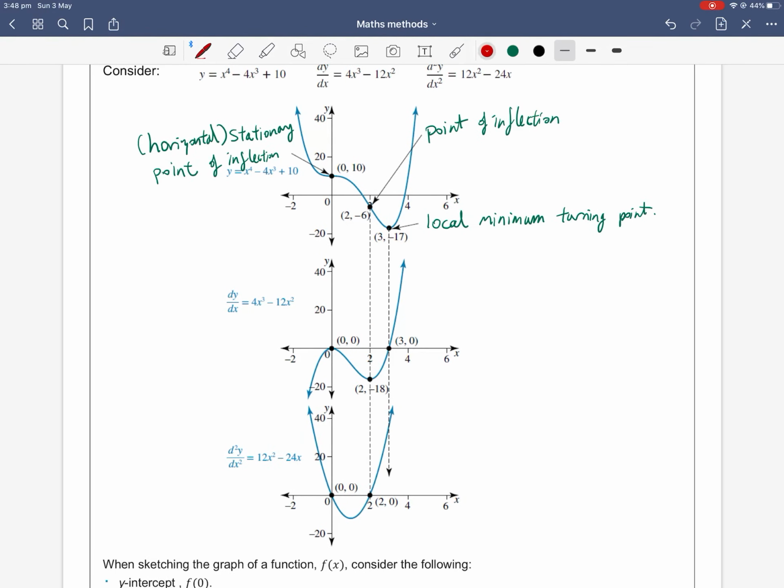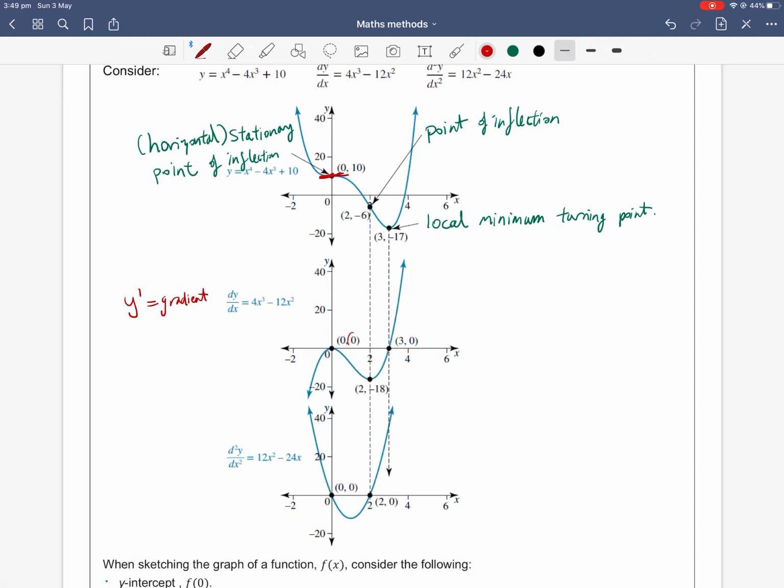Now if you look at the graph below, this is y dash, so this gives us the gradients at those specific points. If you think about it, the gradient at this point is flat, so that corresponds to a 0 value for the gradient.